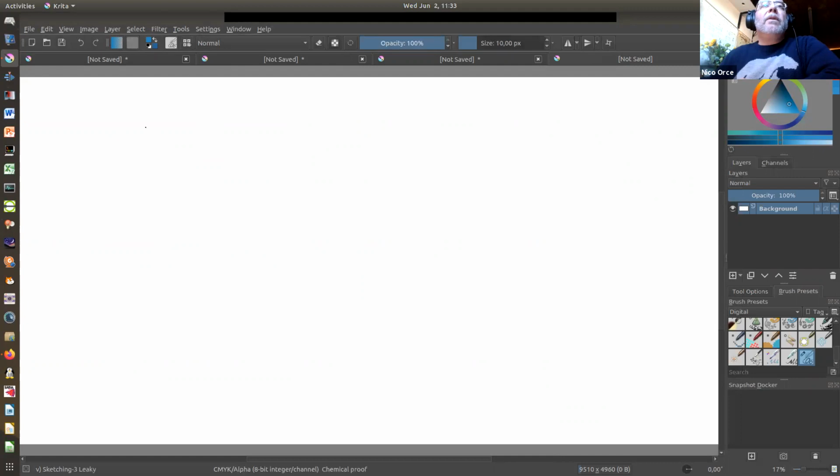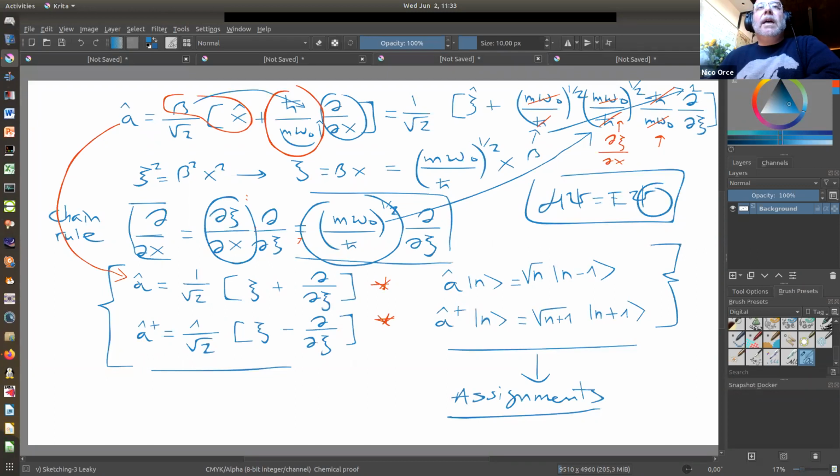We have A, the annihilation operator or lowering operator, which is defined as 1 over the square root of 2 times psi plus the partial derivative with respect to psi.